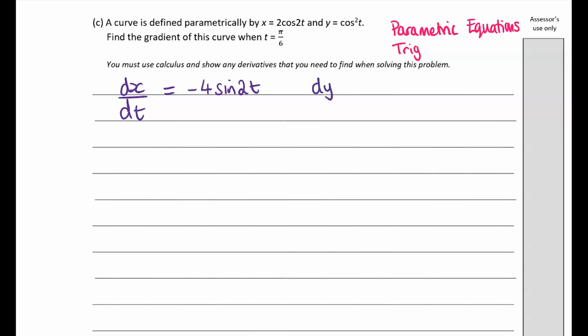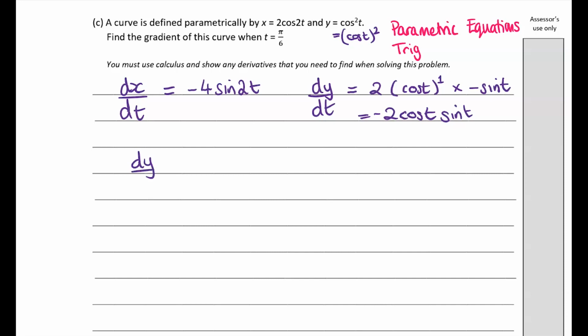And then dy by dt is equal to, well, remember that this is actually cos t all squared, so we use the chain rule on that, so it's 2 cos t to the 1 multiplied by the derivative of the inside. That's minus 2 cos t sine t.